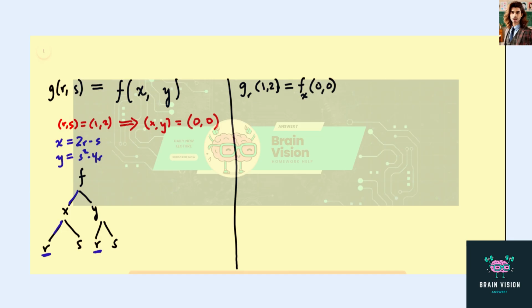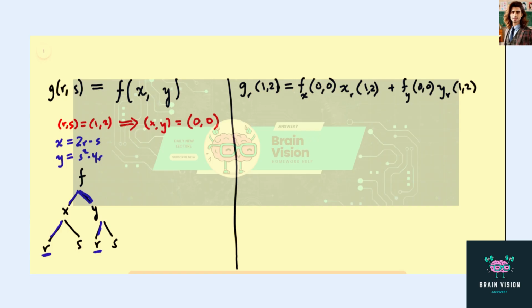And then we want x sub r, so x partial r. And now we're into r and s coordinates, because that's what x is given in, so we're at 1, 2. All right, likewise, on the other side of the tree diagram, f goes to y, so that means f partial y at the point 0, 0 times y partial r at the point 1, 2.